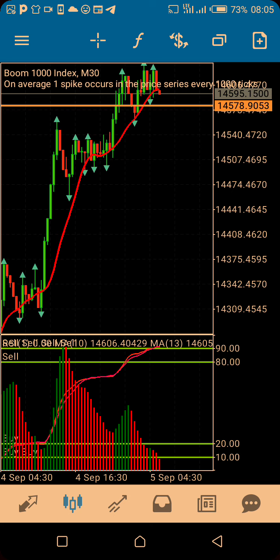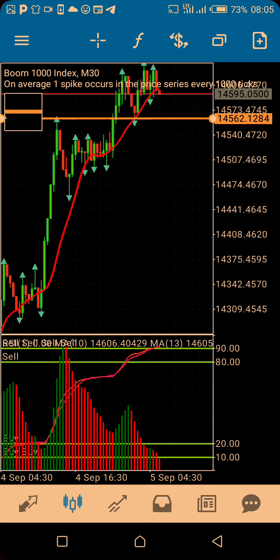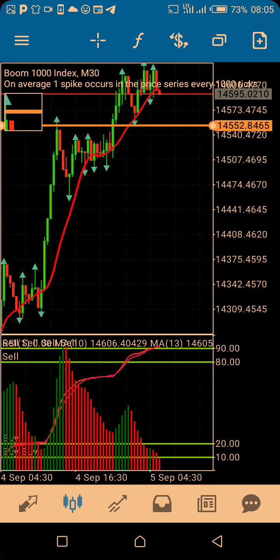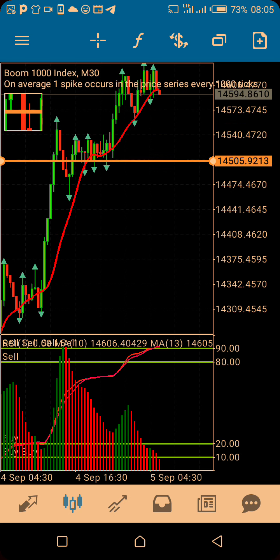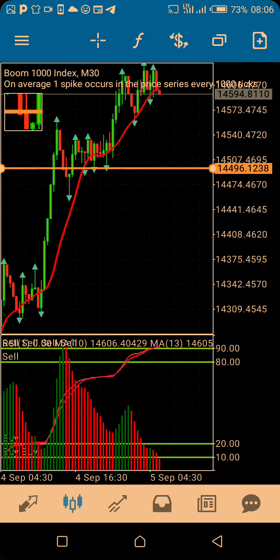So when I look at M30, this is where I'm expecting the market to reach. This is the last support level which I'm expecting. Okay, because it will take time for it to reach here.